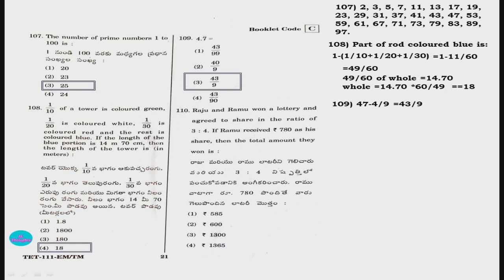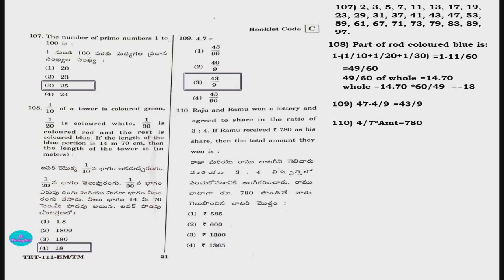110. Raju and Ramu won a lottery and agreed to share in the ratio of 3:4. If Ramu received 780 as his share, then the total amount they won is? First, 4 by 7th of the amount is equal to 780. Yes or no? Because Raju and Ramu won a lottery and in the ratio of 3:4 they have put it.